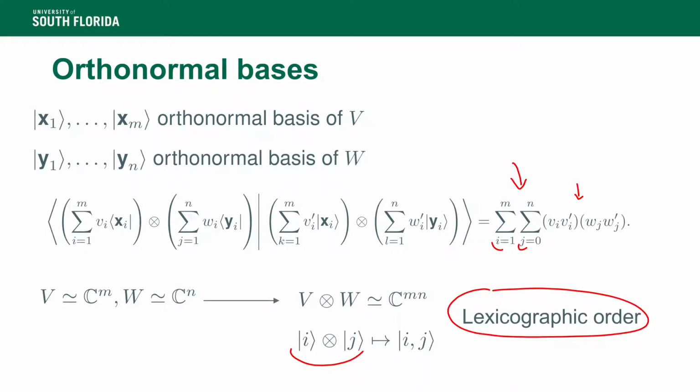So what does this mean? This means that we ordered them that way: 0, 0, then 0, 1, then dot dot dot until 0, n minus 1, and then we move on to 1, 0, then 1, 1, and dot dot dot. So we continue that way, okay?